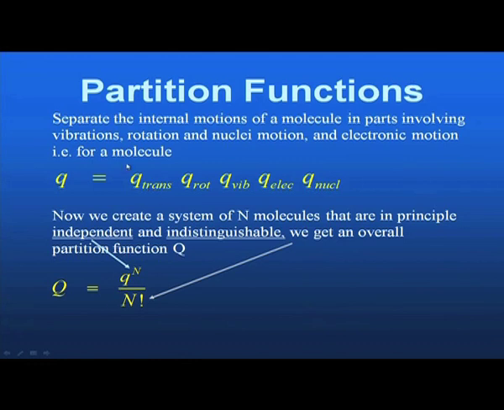So, this whole expression is to the power n divided by n factorial, where n is the number of indistinguishable, independent molecules. This is your overall partition function for this system of n indistinguishable independent particles.